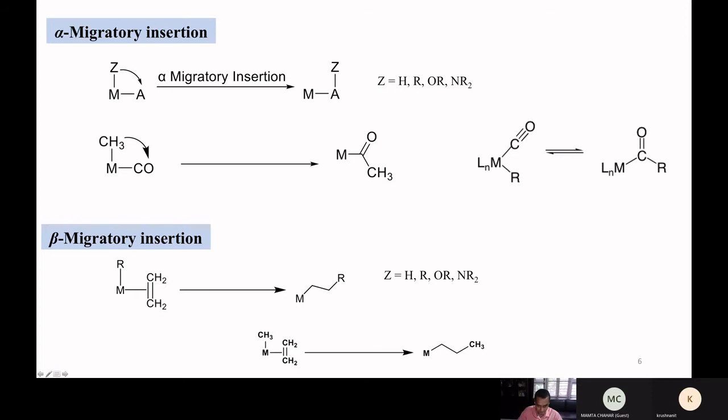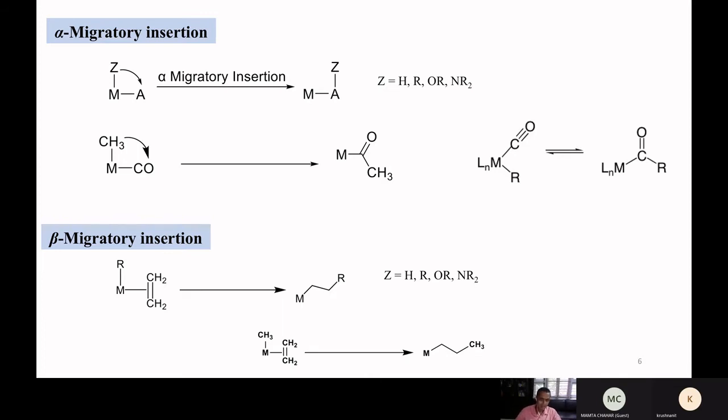With respect to the metal, this is the alpha position, this is the beta position. At the beta position, this R group is transferring. So there was an olefin interacting with the metal. In the process, the R group transfers over here, and the metal alkyl, the whole alkyl group, is now transferred onto it. So this is what is called beta migratory insertion.